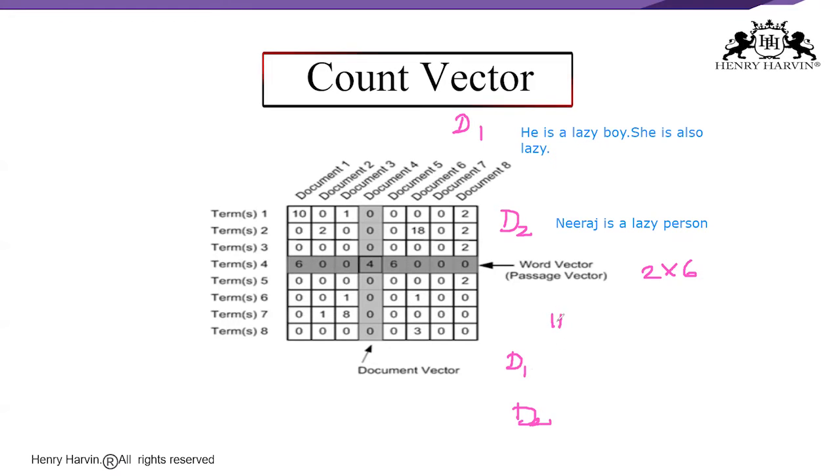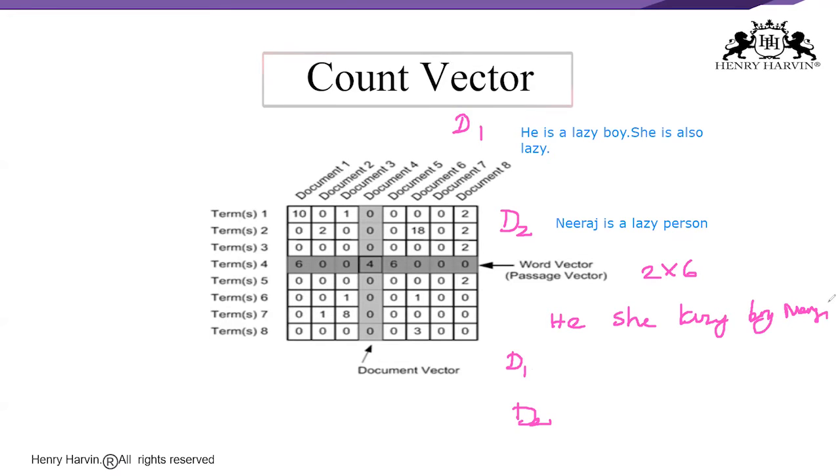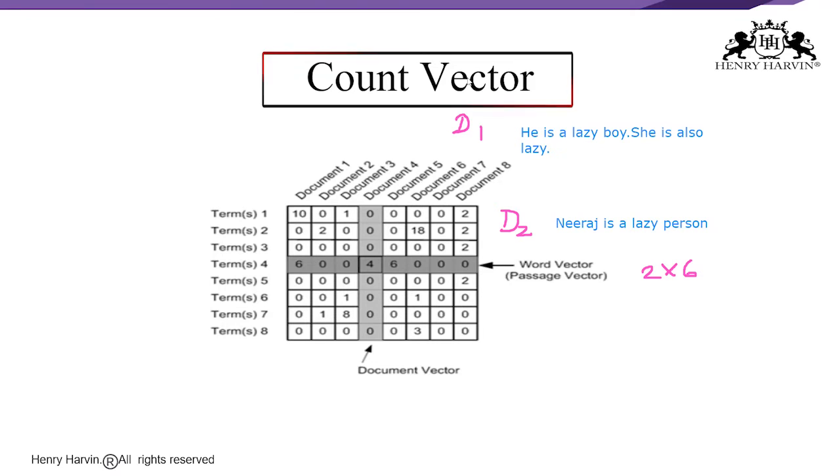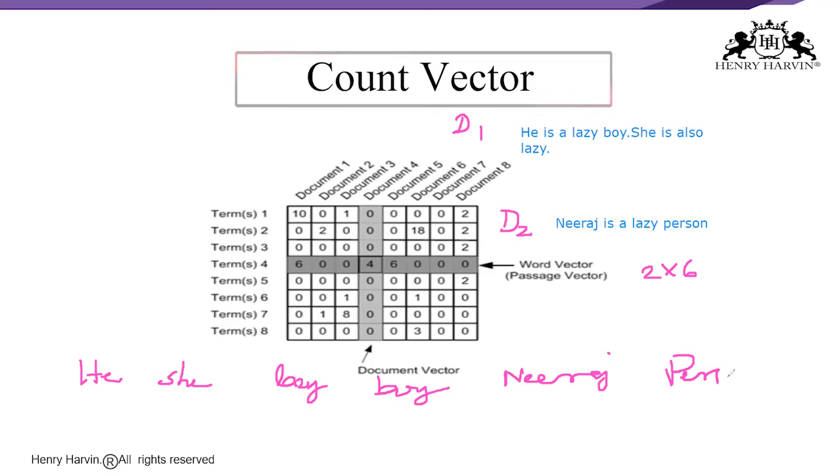And here I'm writing he, she, lazy, boy, Neeraj, and then person.